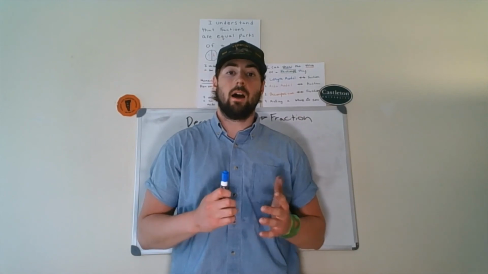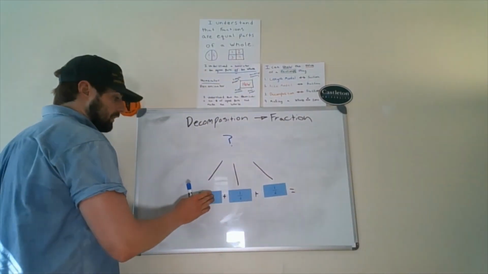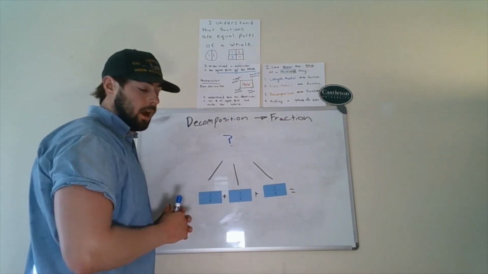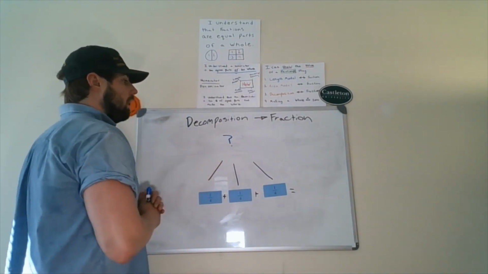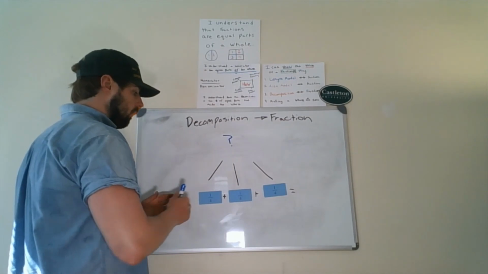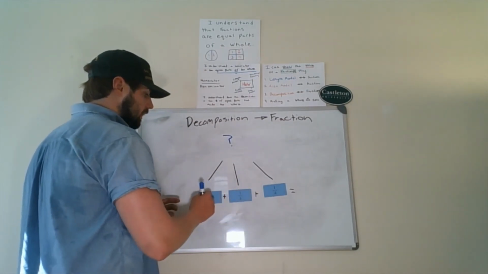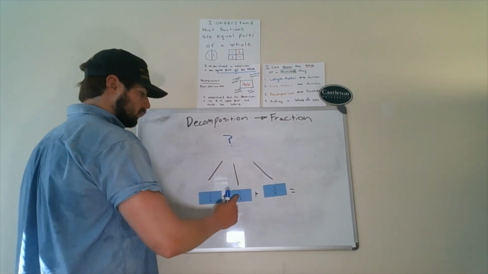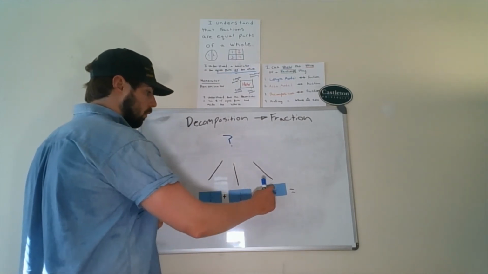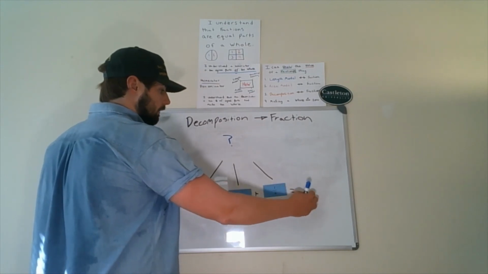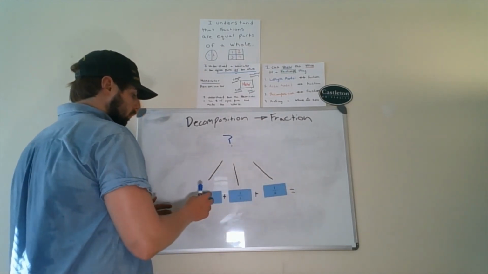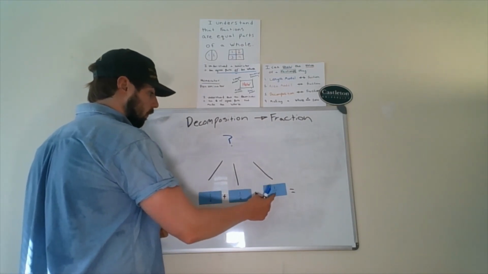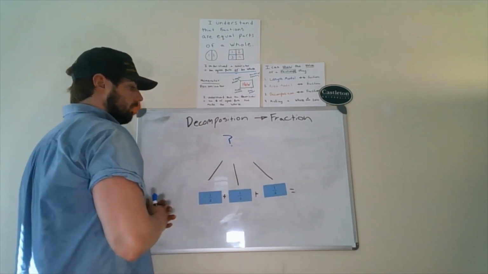All right, guys, now taking a decomposition expression, understanding it to show a fraction. So I have all these fractions in an expression. 1/4 plus 1/4 plus 1/4 equals what fraction?